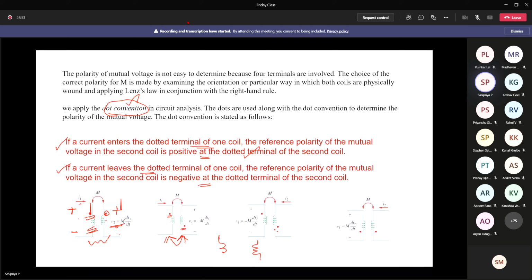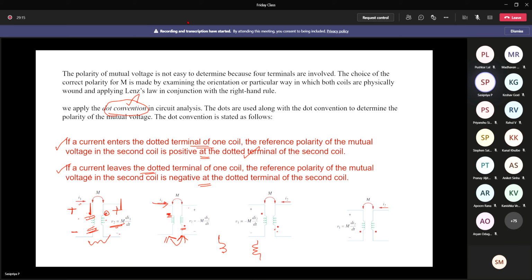At the primary side, we have a current flow, right? If the current is entering at the dot terminal, then the mutual voltage induced will be positive at the dot terminal.